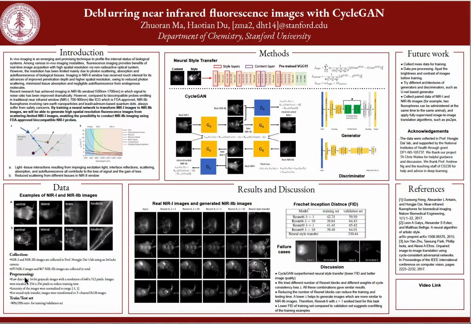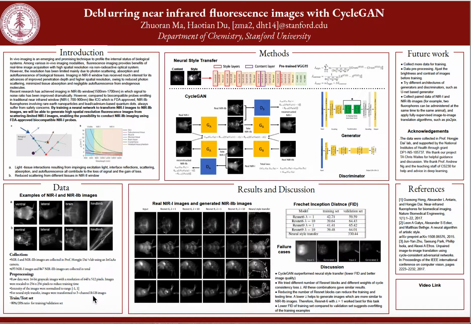For data pre-processing, the raw data were 16-bit grayscale images with a resolution of 640 by 512 pixels, and images were rescaled to 256 by 256 pixels to reduce training time. The intensity of the images was normalized to range from -1 to 1 to help training.